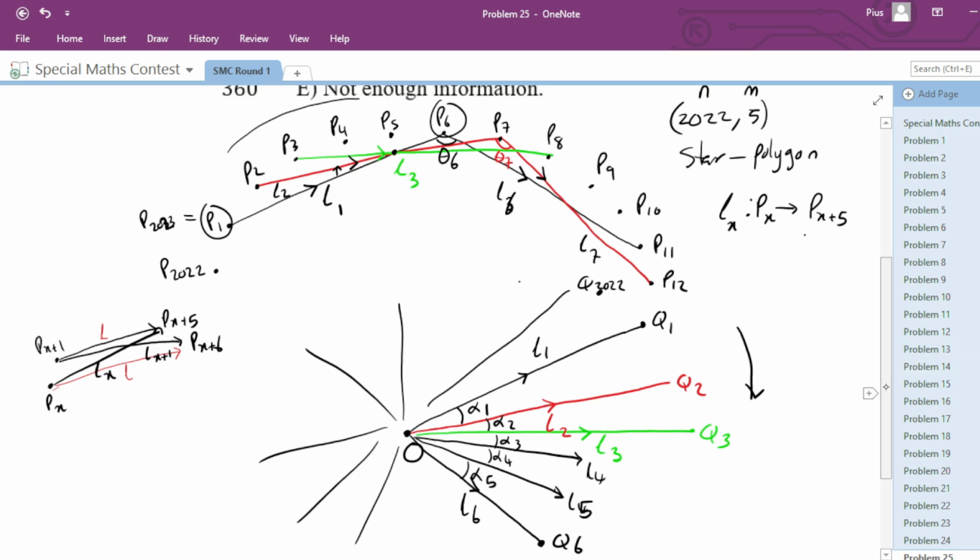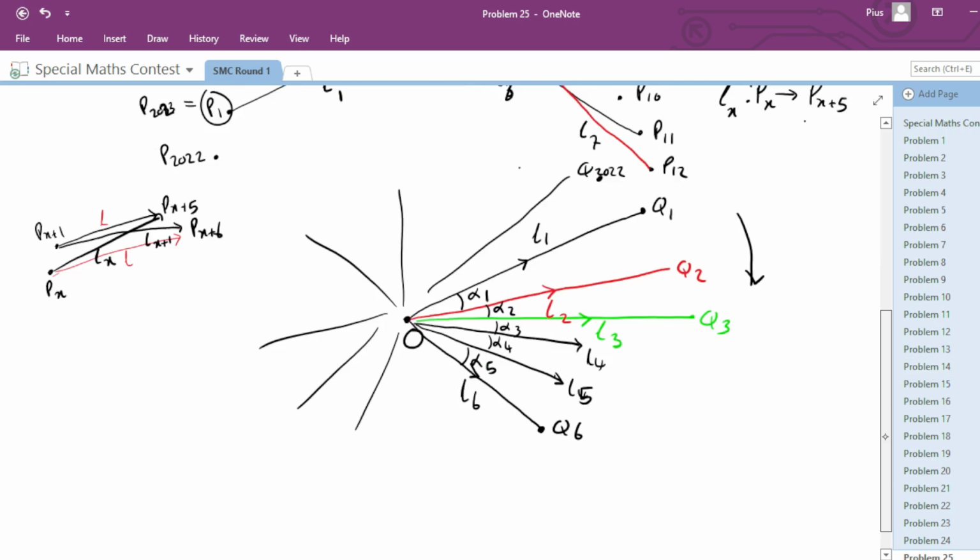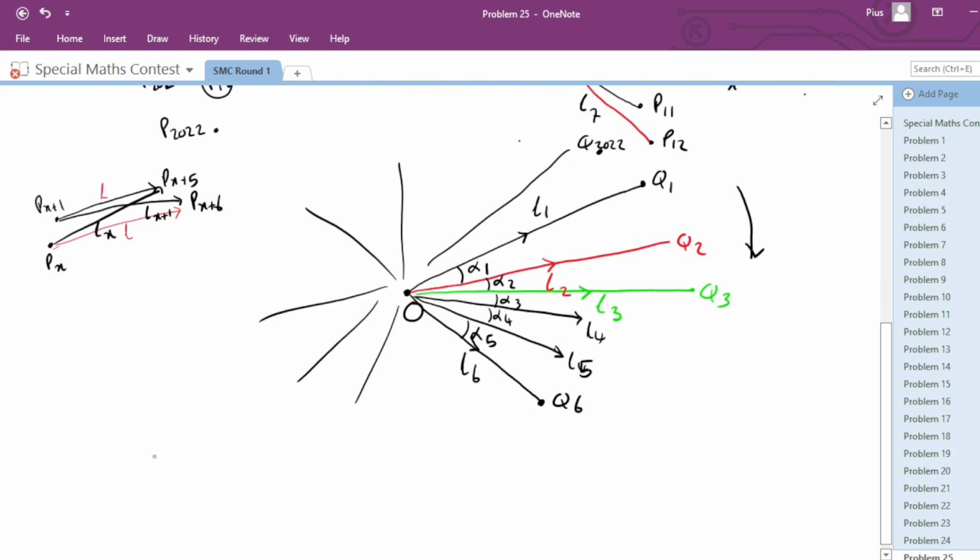Okay, so there's a nice geometry that's going to happen here. I'm just using theta 6 as an example. 6 is not special here. So we have something like this, where this is L1, L6. But we now have another diagram like this, where this is L1, L6.